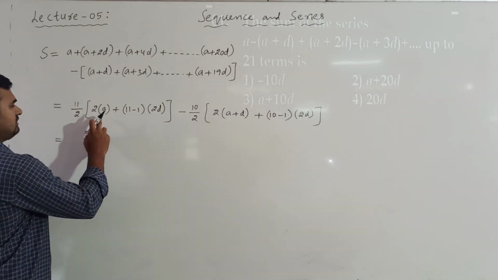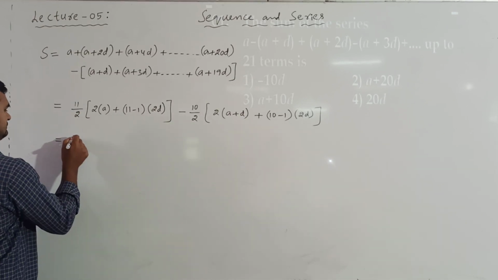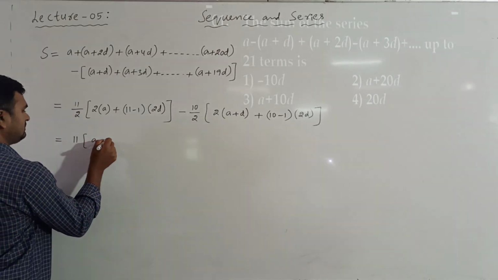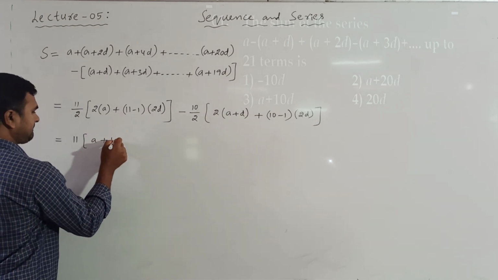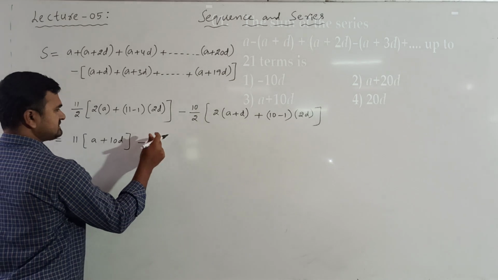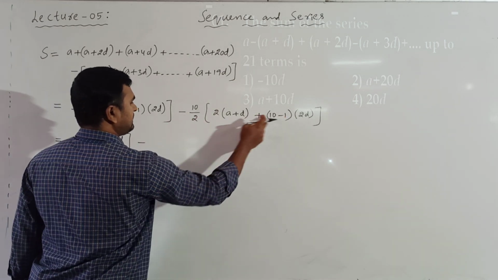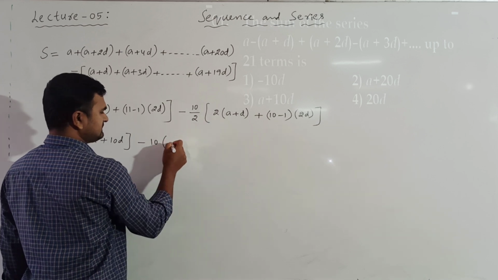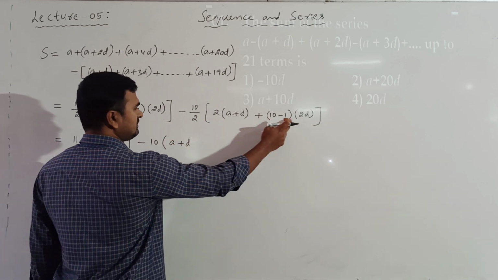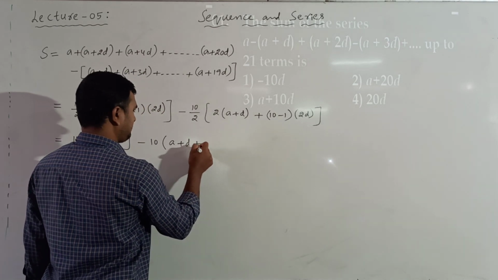Here 2 we can take common and cancel. So 11 into a plus 10d, minus, again 2 we can take common and cancel, 10 times a plus d plus 9d.